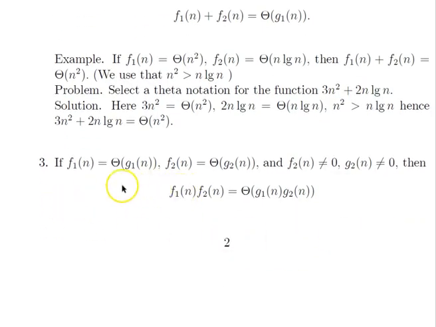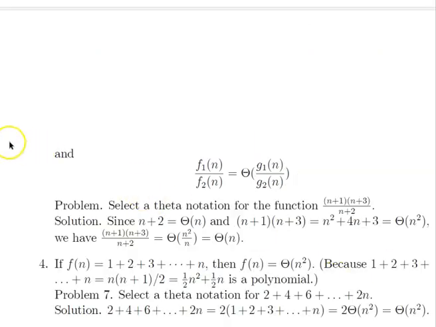Third property, if f1 is theta of g1 and f2 is theta of g2, then f1 times f2 is theta of g1 times g2, and if f2 and g2 are different from 0 for all sufficiently large values of n, then f1 over f2 is theta of g1 over g2.